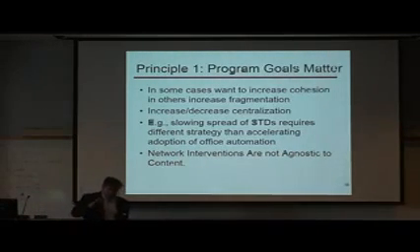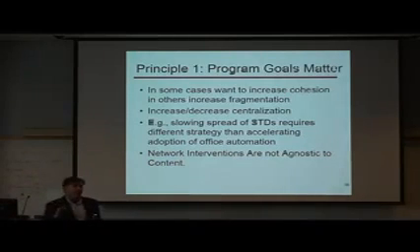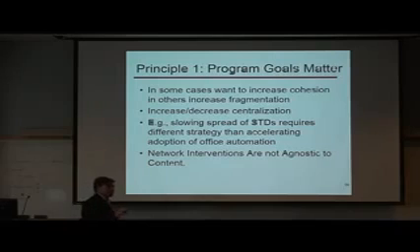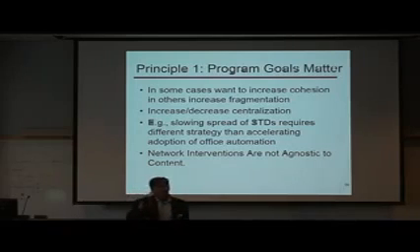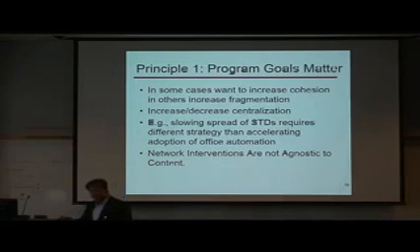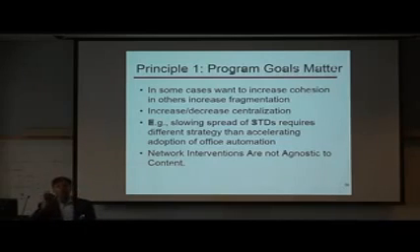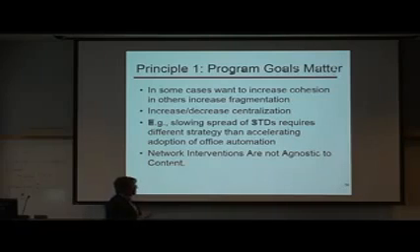So I want to present the ways that we've used network data for network interventions, but before I do that, there are three principles that I always like to underscore that are true for all kinds of behavior change interventions, but I think are particularly true for network ones. The first is that your program goals matter. All of you that have been through a basic evaluation class know that specifying your goals and objectives is really important.